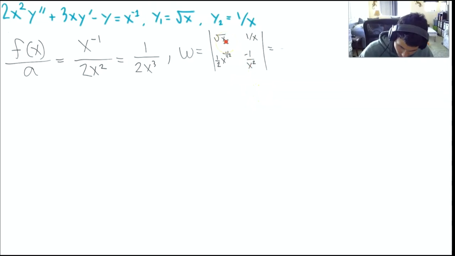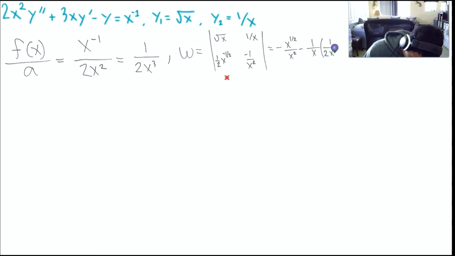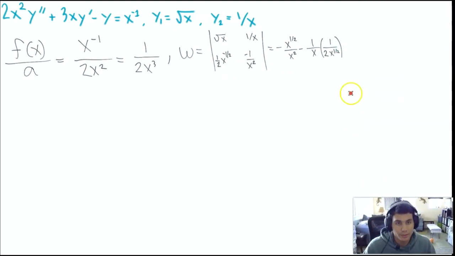So this would be negative square root x over x squared. I'm not going to write this as square root x, I'm going to write it as x to the 1/2 over x squared. And it's going to be minus 1 over x times, what is this? This is 1 over 2 x to the 1/2. Let's compute this.